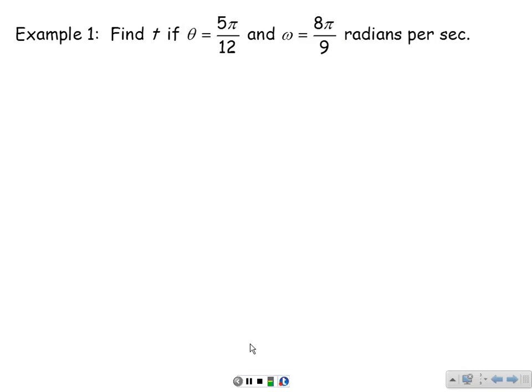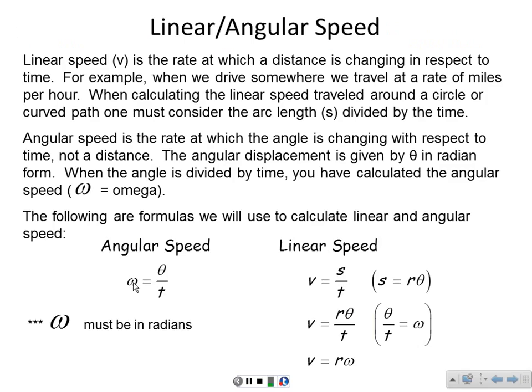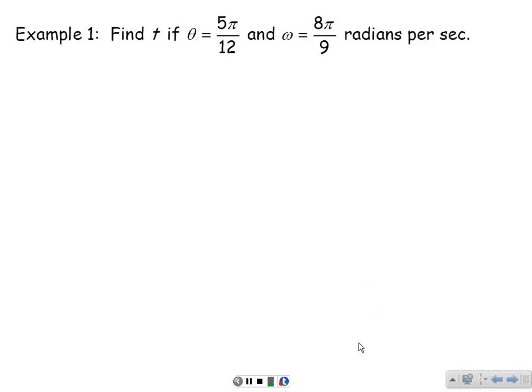So first, find t. So we're looking for a time if given an angle and the angular speed in radians per second. So we're looking for t, and we're given theta and omega. So what we're going to do is look for a formula that has all three of those components. Well, here's omega, your angular speed, is equal to theta over t. So that would be the one that I would use.